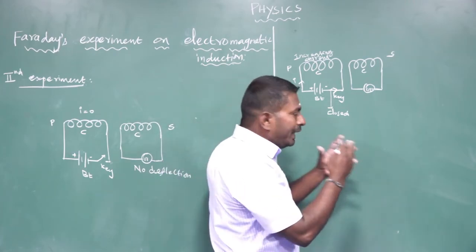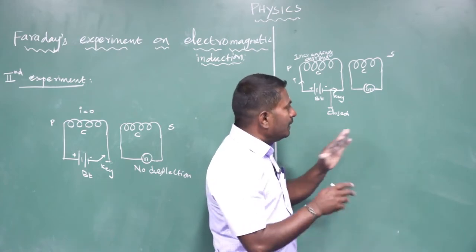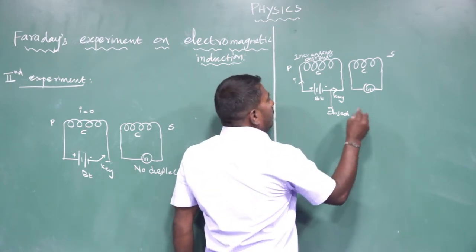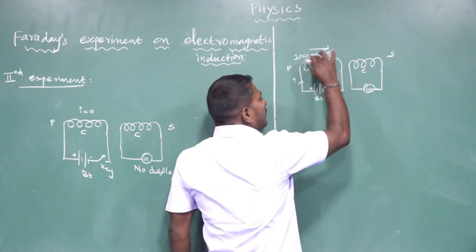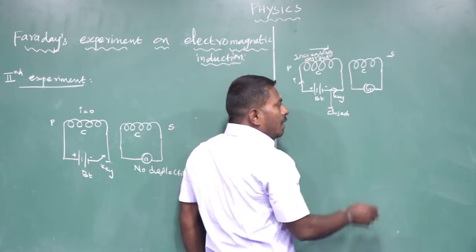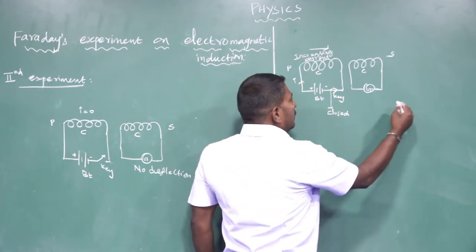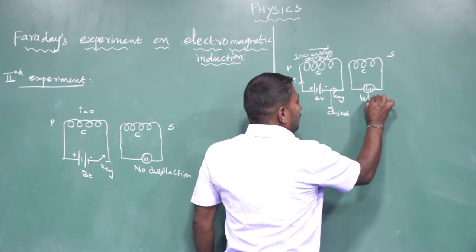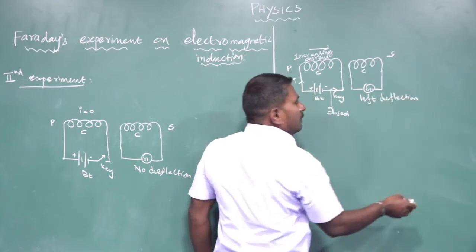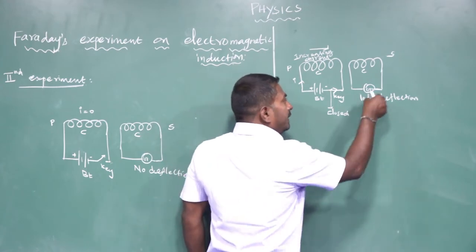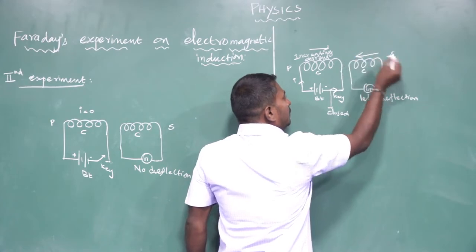At that moment, we notice the galvanometer shows a momentary deflection, a left deflection, while the current through the primary closed circuit increases along this direction. This concludes that electric current is set up in the secondary closed circuit along this direction.